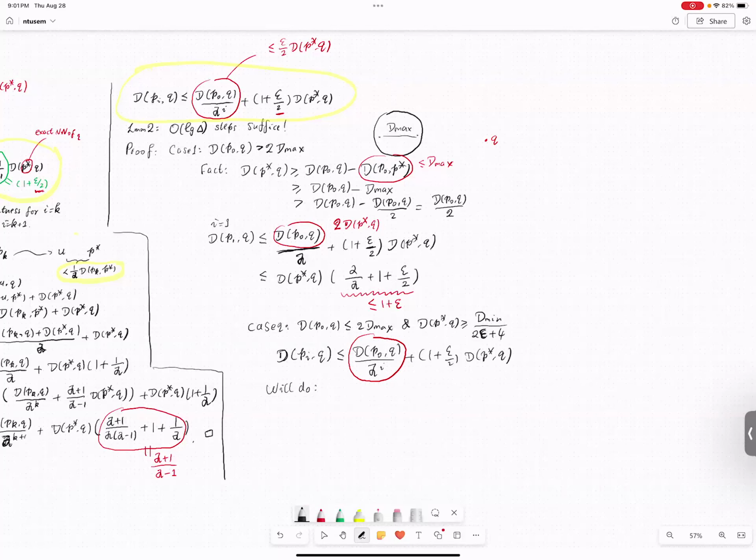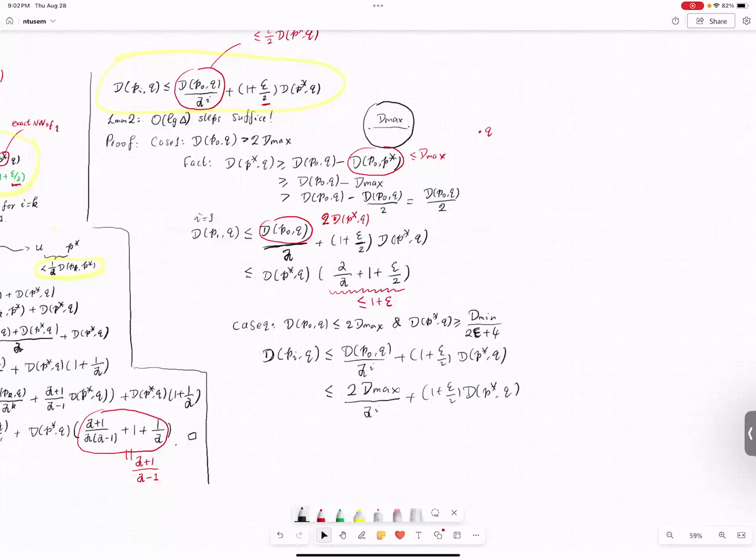You know what? Let's do one more step first. So I'll replace this d P0 Q with this inequality here, so that I can have d max in the picture, right? Before I did not have d max in the picture yet. So I will copy this part from above.